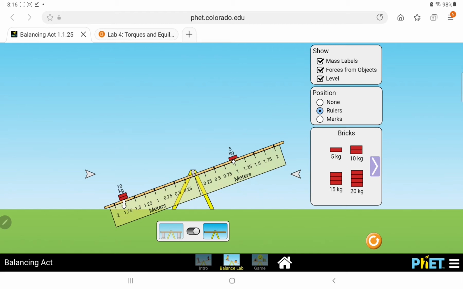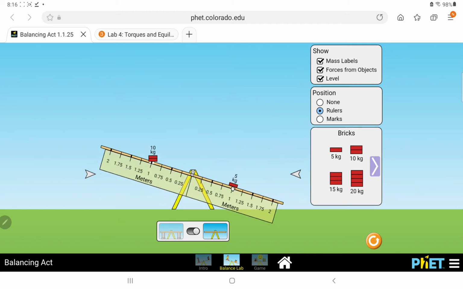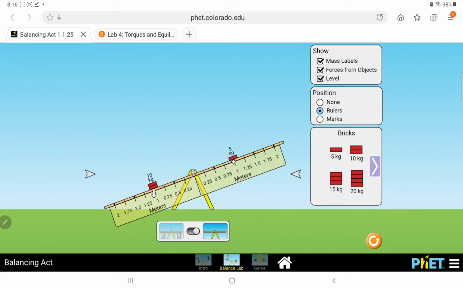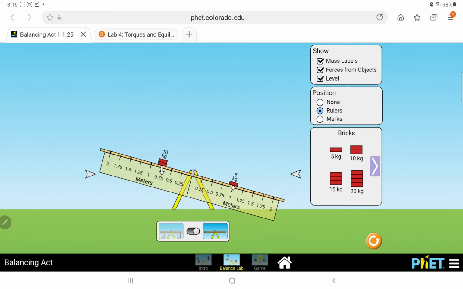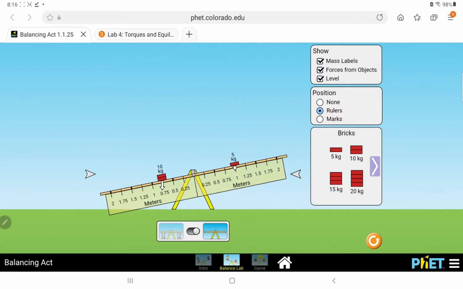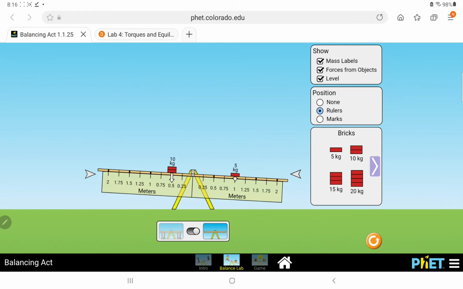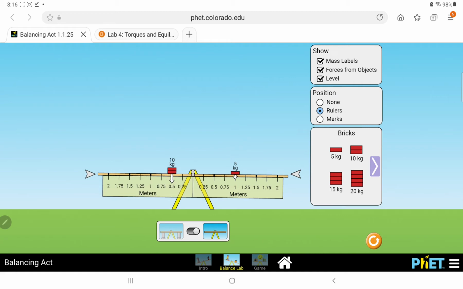Not again. Let me put it exactly on 1. Does it balance or not? Let me check. Maybe I have to move in this direction. It looks like it's coming closer. Put it here and wait for a moment. Yes, it indicates the balance, right?